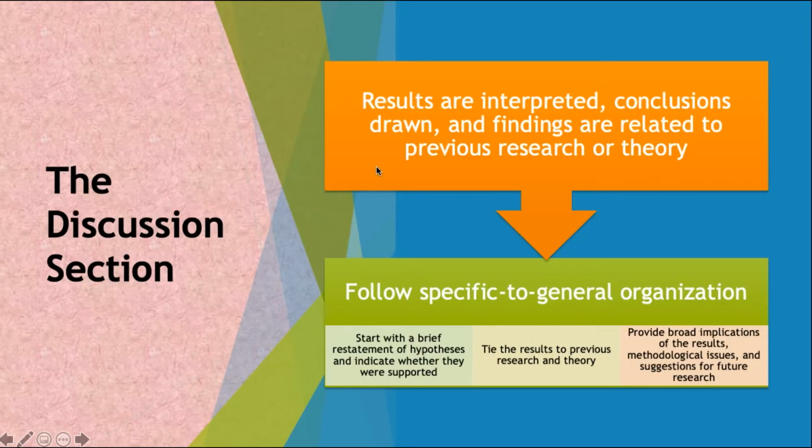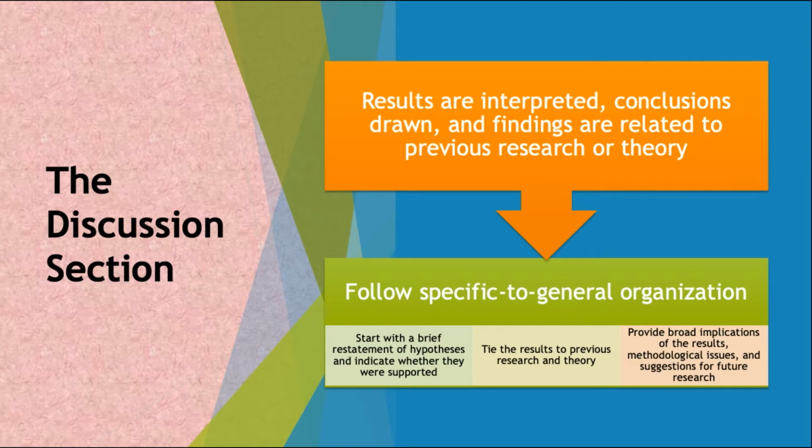So the discussion section is where the results are interpreted, conclusions drawn, and findings related to previous research or theory. For organization, it goes from specific to general. You still remember we started from general to specific; now vice versa, we start from the specific and then generalize.